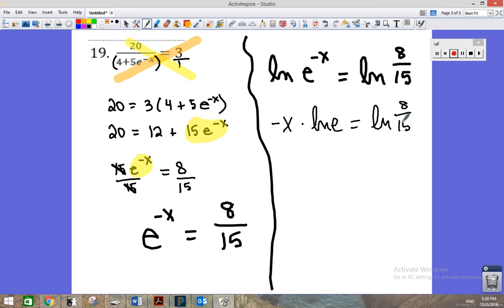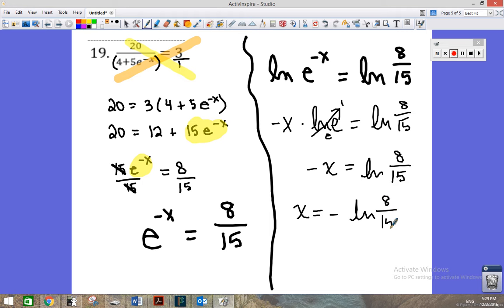And by now, it should be obvious that the natural log of e is 1, because this is base e. A logarithm is an exponent. E to what power is equal to e? E to the first power. So I have the opposite of x is equal to the natural log of 8 over 15. So that means that x is the opposite of the natural log of 8 over 15.